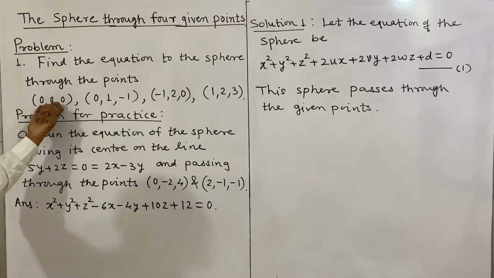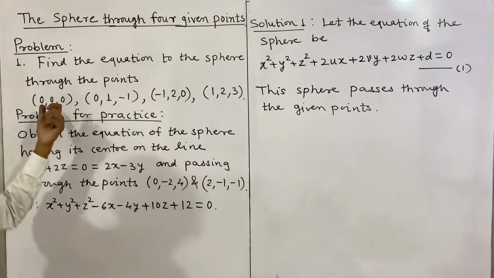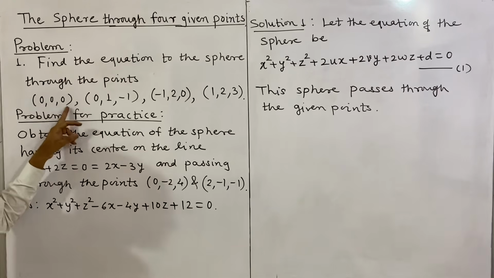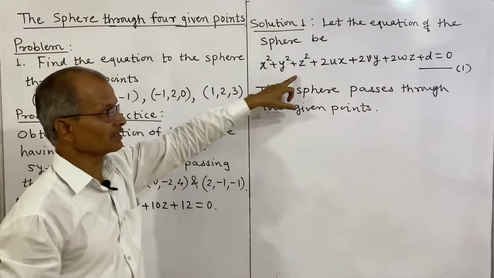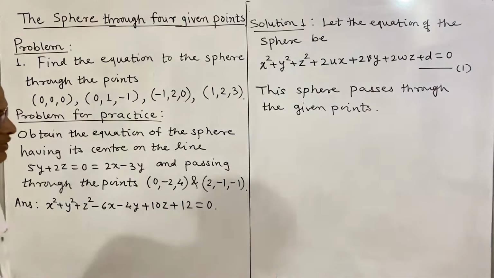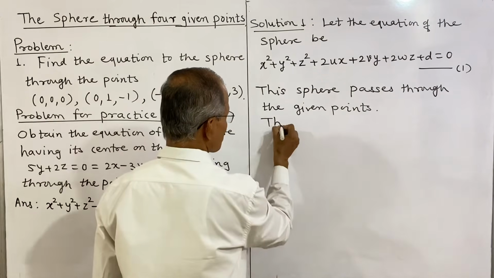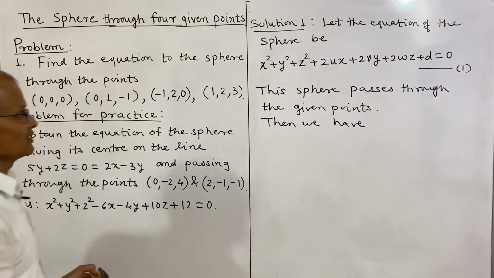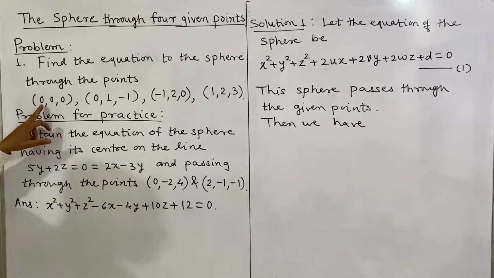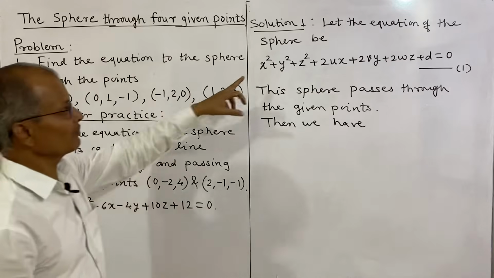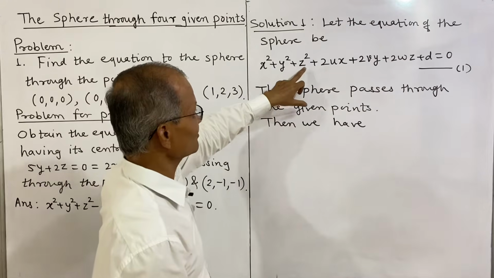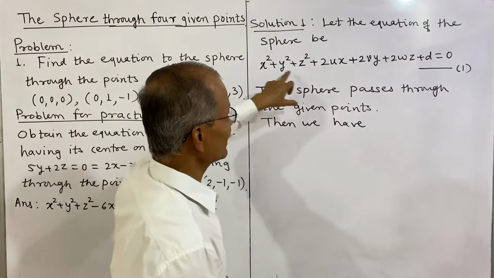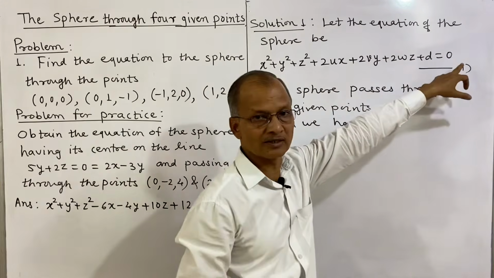So the coordinates of this point, which is the origin, 0, 0, 0, that is x is 0, y is 0, z is 0, must satisfy this equation. So this gives us the relations for the first point. Putting x is 0, y is 0, z is 0, all these terms will be 0, and finally what remains is d, and the right side is 0.